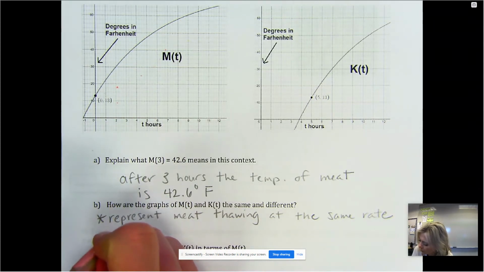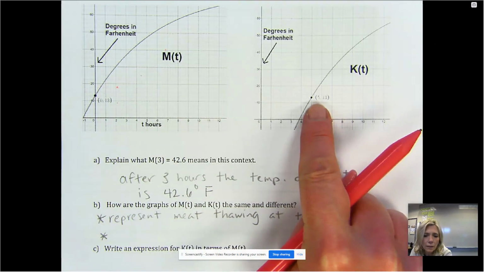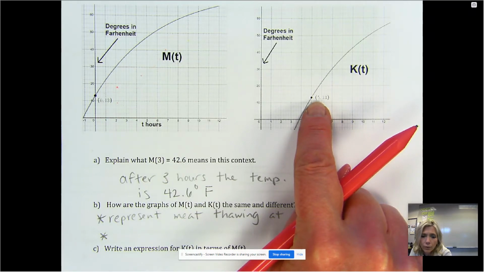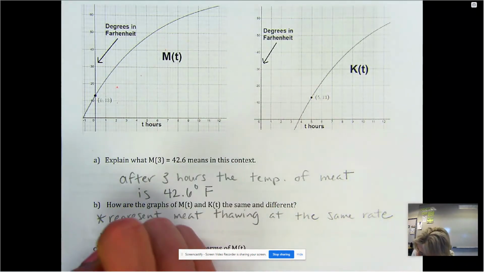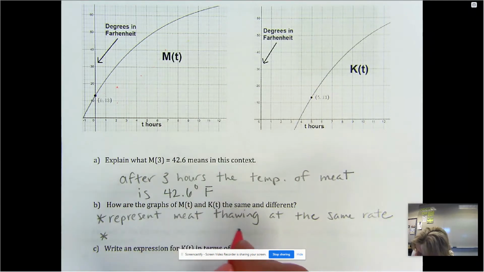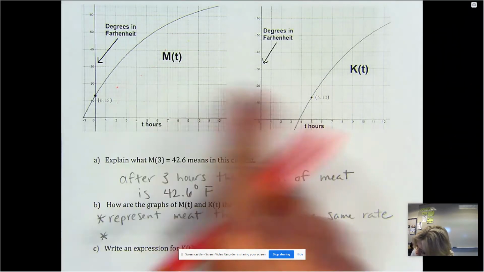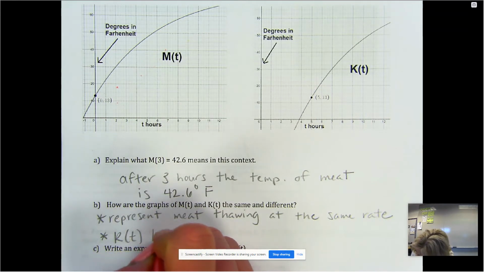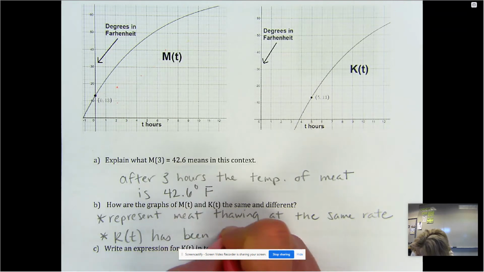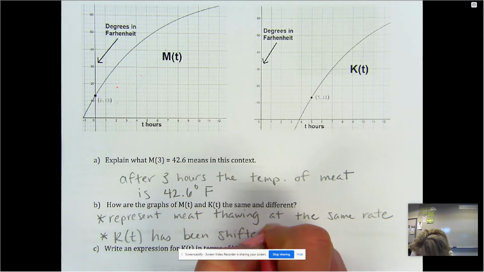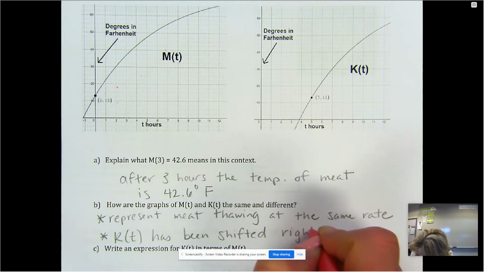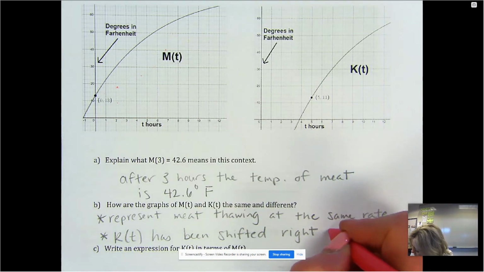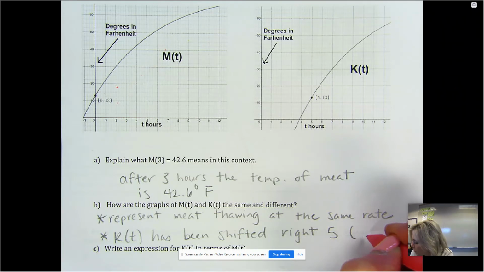But they're different because K of T was taken out of the freezer 5 hours after M of T. So that means it's been shifted. So it's been shifted to the right 5 because it's 5 hours later.